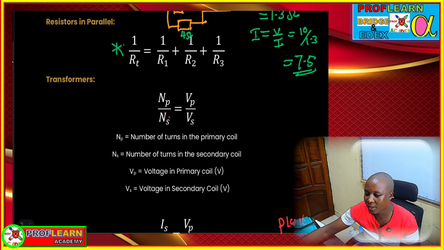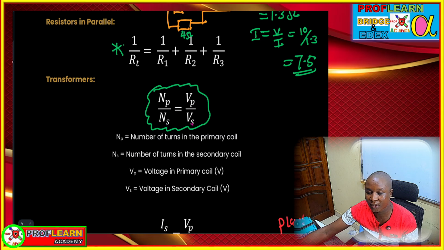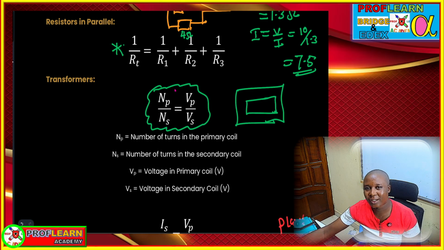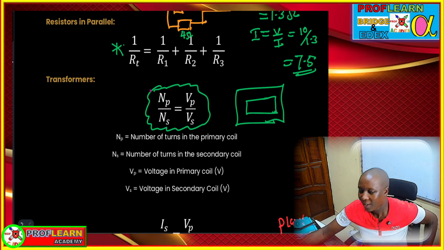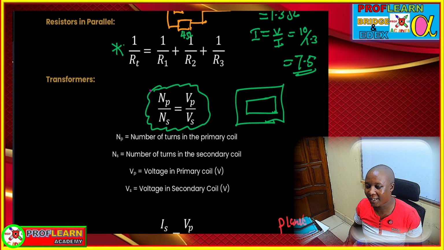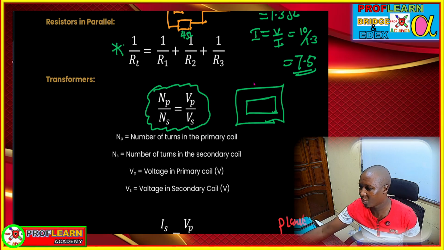Yeah. So for transformers, the formula that we require is the number of turns in the primary coil over the number of turns in the secondary coil equals the voltage in the primary coil over the voltage in the secondary coil. So for instance, if this is a transformer, I'm just giving this as an example. If you have not watched the video on electricity, transformers and electromagnetic induction, all those videos are in the description so that you can go and watch.